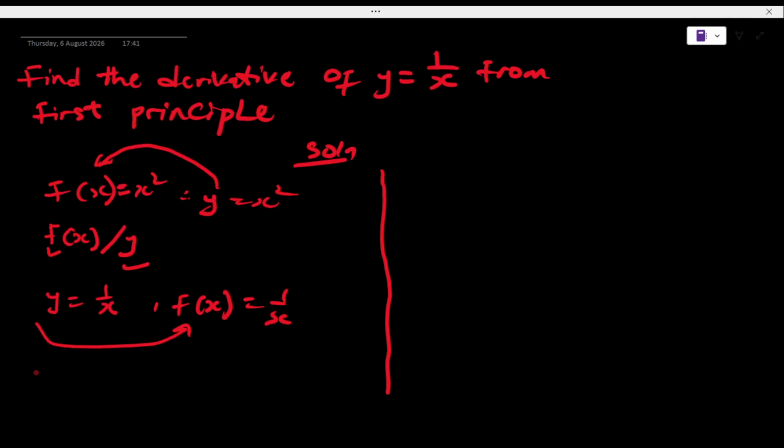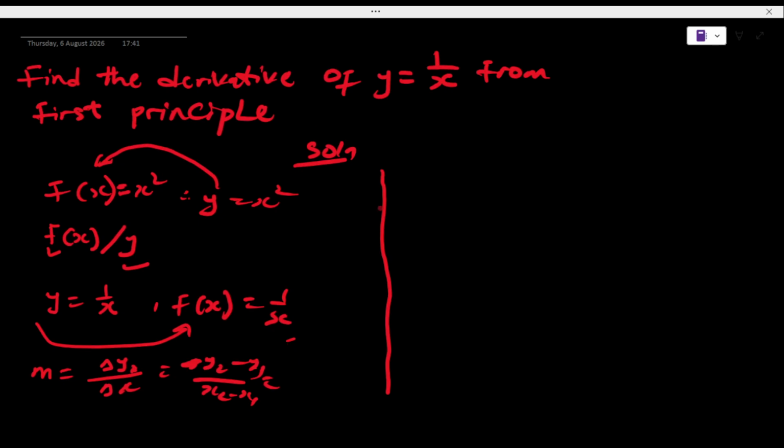In our previous class, I intentionally used m as a gradient. So now I write it as m is equal to change in y divided by change in x, which is y2 minus y1 over x2 minus x1.